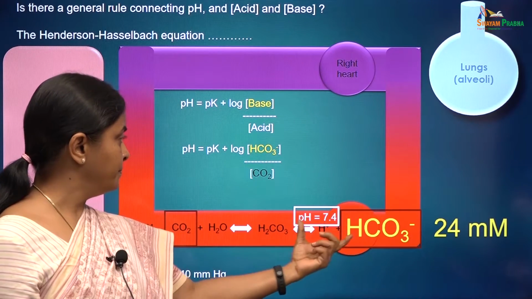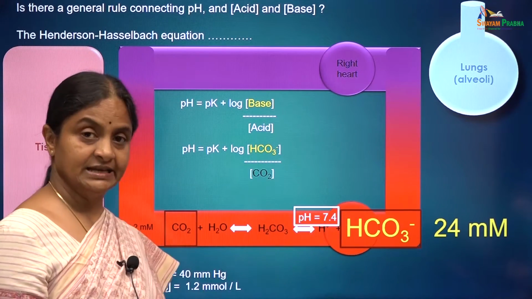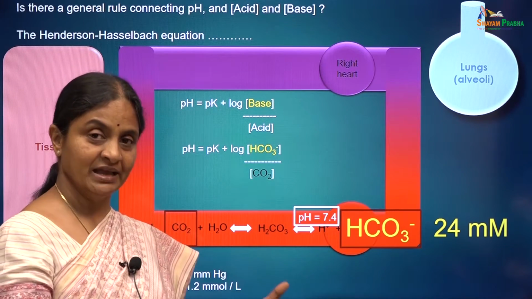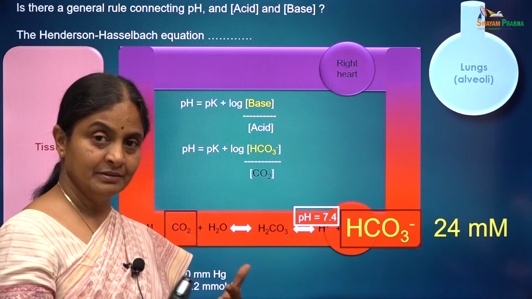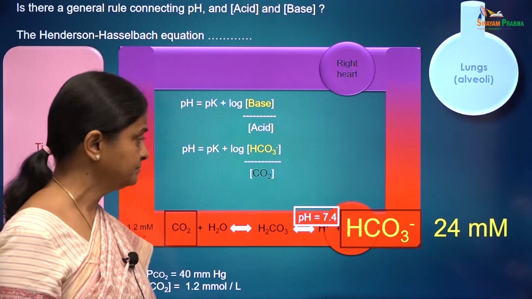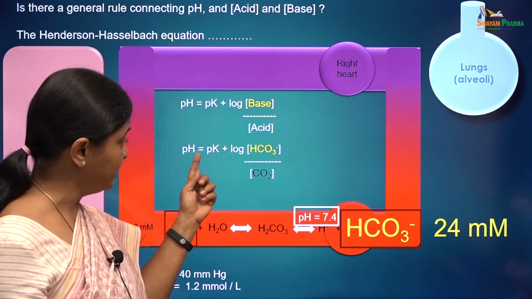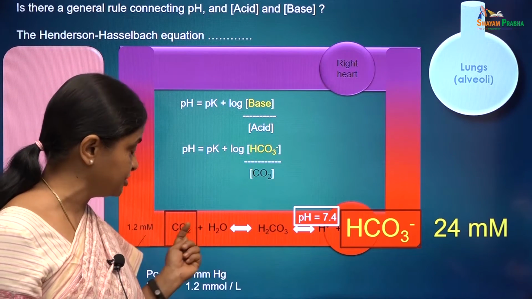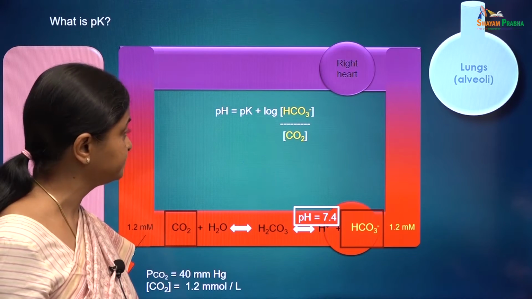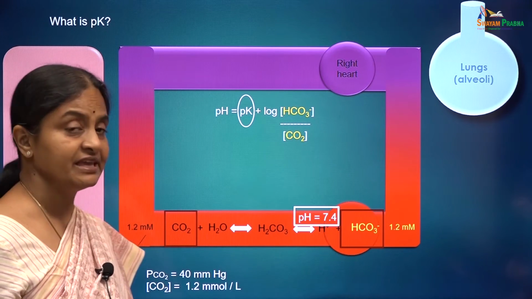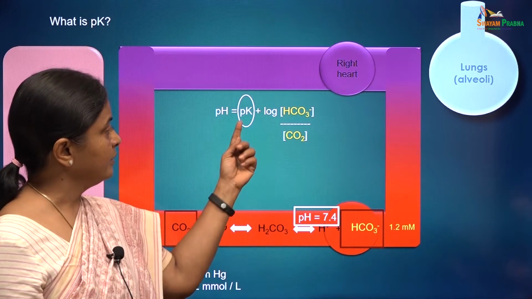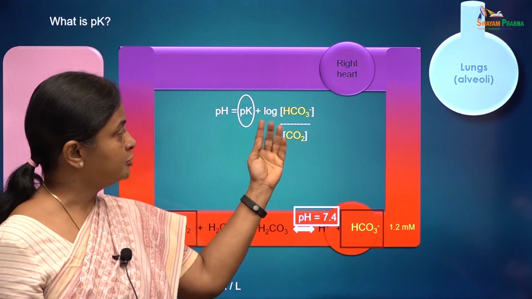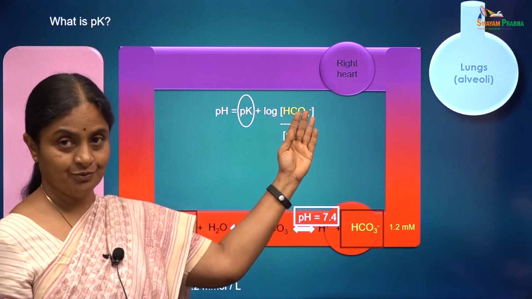So, for the bicarbonate carbon dioxide buffer pair, as they are called, we will see why they are called the buffer pair later, pH would be pK plus log concentration of bicarbonate over concentration of carbon dioxide. Now, what is pK? If we want to understand pK, a useful technique would be to make this term 0.